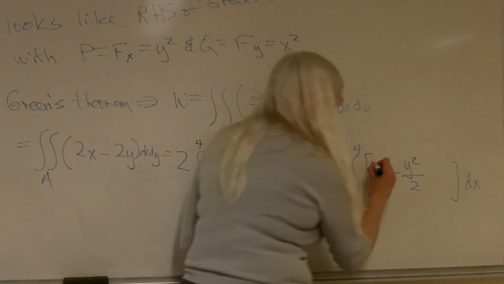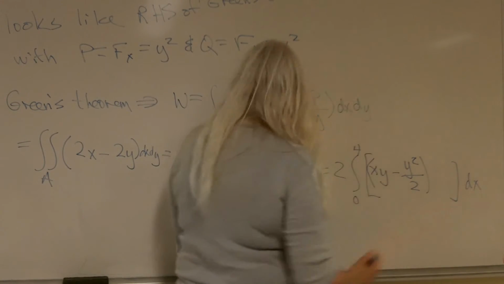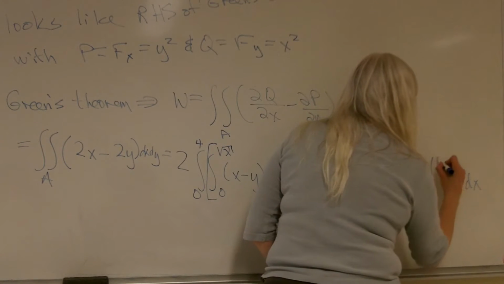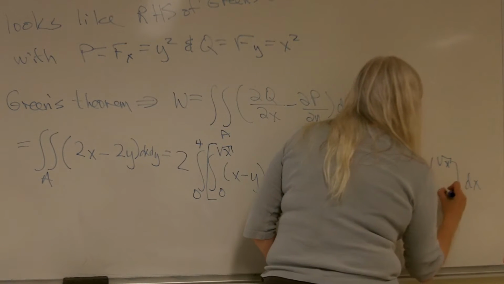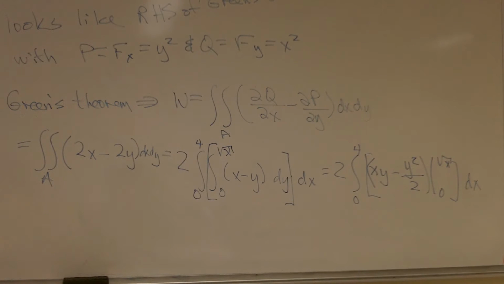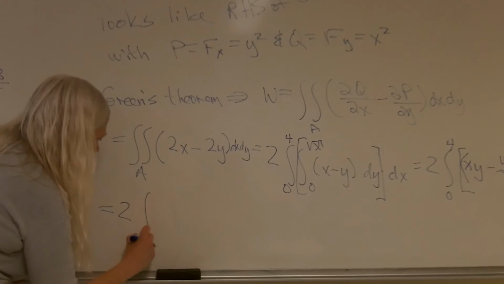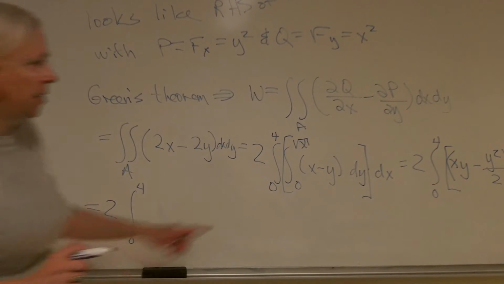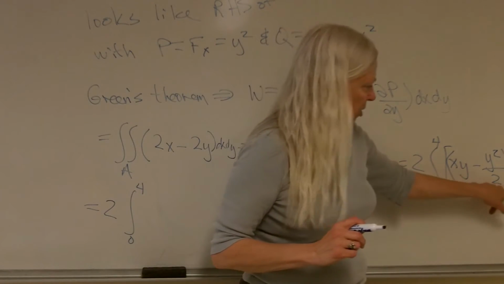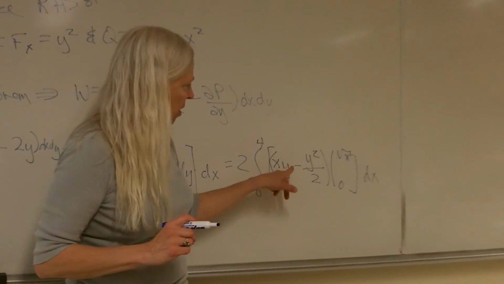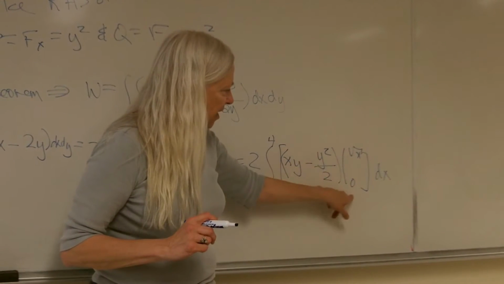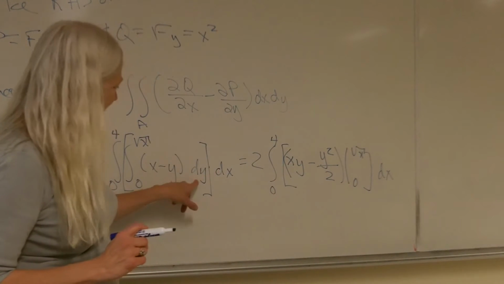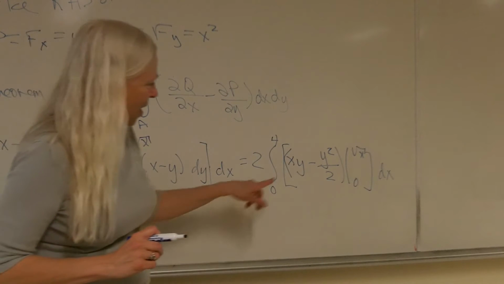And now I have to evaluate this, before I do the x integral, at the limits of integration, square root of x to 0. Okay, so we've got a 2 out in front. We've still got the x integral going from 0 to 4. Let's now evaluate this expression inside here at the limits of integration. Remember, y is being set equal to these things. It was y I integrated over in the previous step.